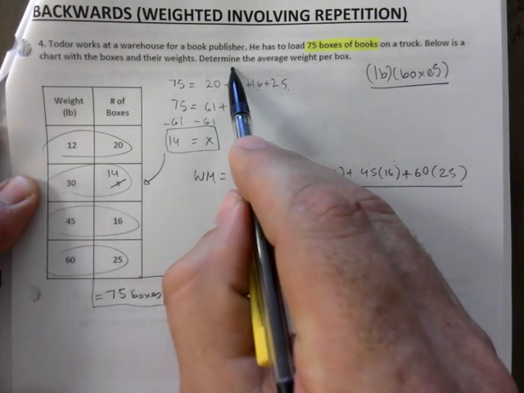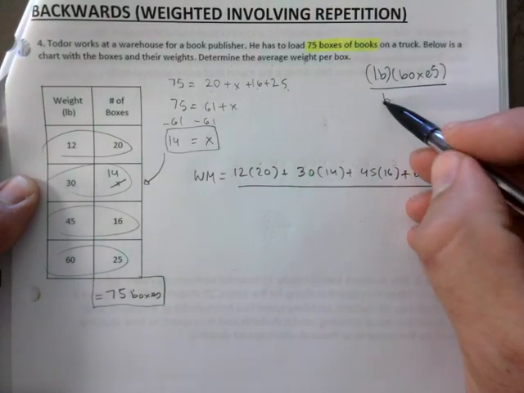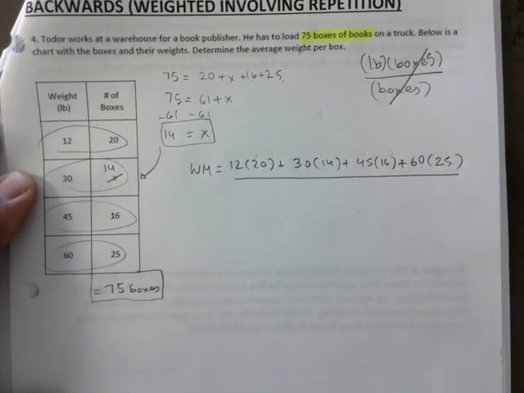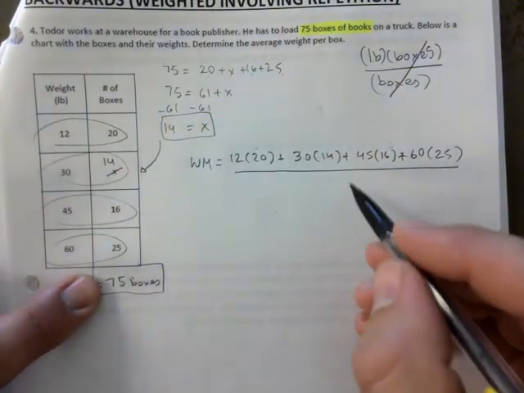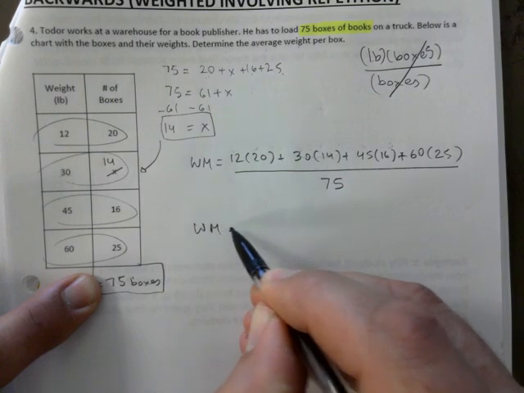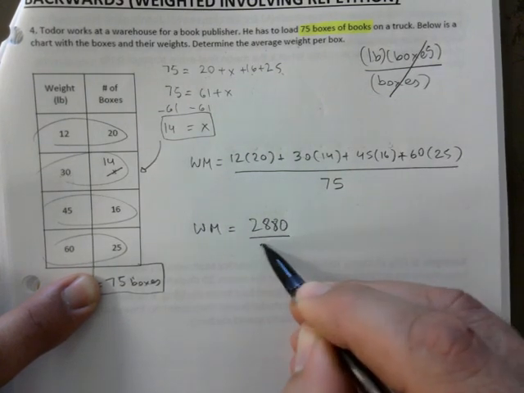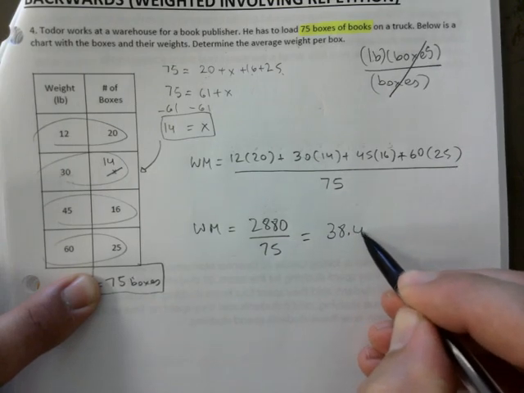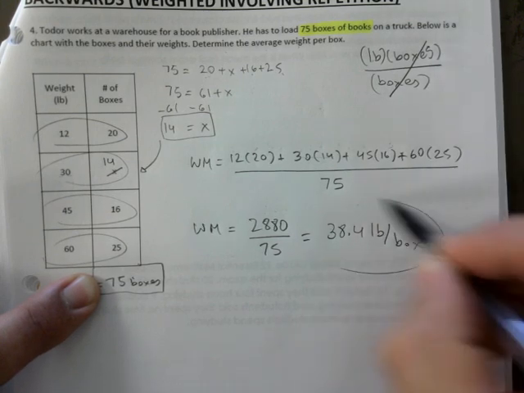And it's asking me to determine the average weight. So you want pounds to be left. So you have to divide by boxes, right? That's basically what you're doing here. So you add up the boxes. We know that's 75. Thank you very much, right? And here's your grand finale. You get 2880 over 75. And that's 38.4 pounds per box on average.